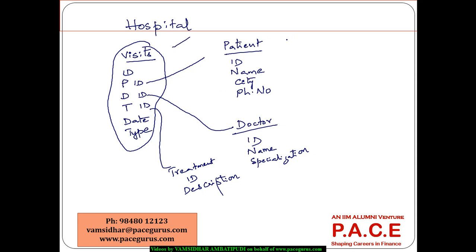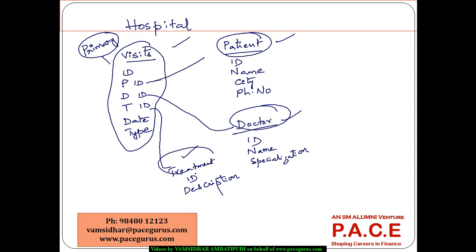Now in this database, each one is a separate table. So in many cases, I may want to join all these tables. Here the visit is like a primary table for me, which is captured on a regular basis. So there is a record of every patient, every treatment. There is a mapping to a patient in the patient table, to a doctor in the doctor table, to a treatment in the treatment table.